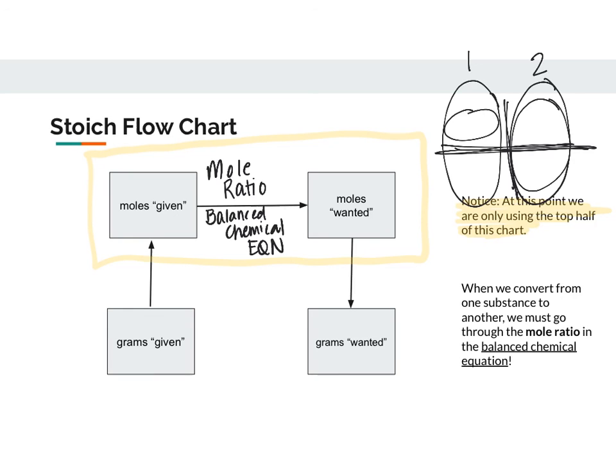All right. Notice that I have 2 columns for a mole-to-mole problem. And I also have 2 boxes that I'm going through on this flowchart. So that's going to actually come in handy. I will go through some more examples as we go from grams of given to moles of wanted, or moles of given to grams of wanted, and then finally grams of given to grams of wanted.